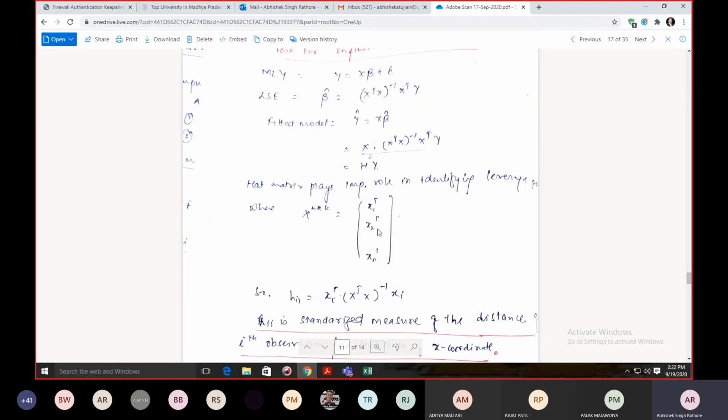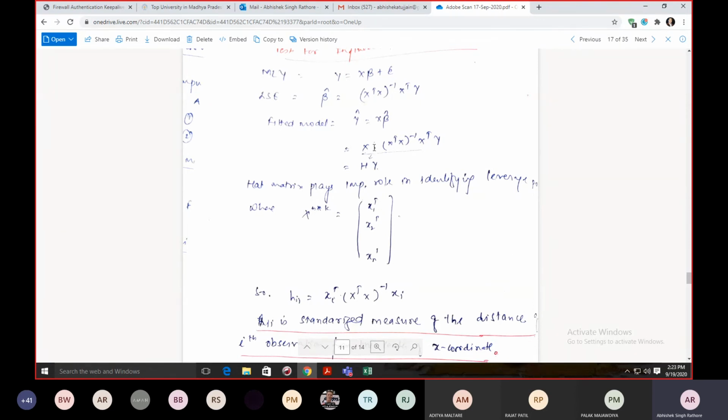This x is our matrix, and x1, x2, x3 are different columns. I just wrote the transpose here. So x1 is one column and x2 is another column, and when we take the transpose, we get different rows. So x1 transpose is a row, x2 transpose is a row, and xn transpose is a row containing k columns.